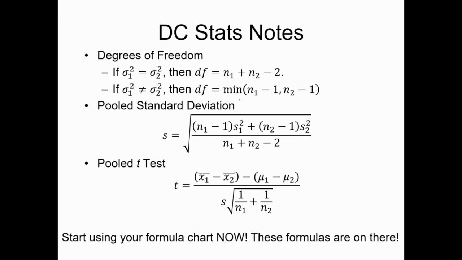If they're not, you essentially pick the smaller degree of freedom. So you find the degree of freedom for each sample and then just take the smaller one.